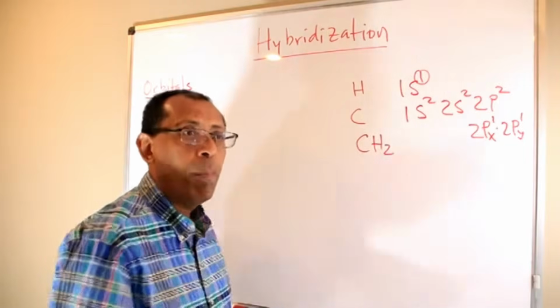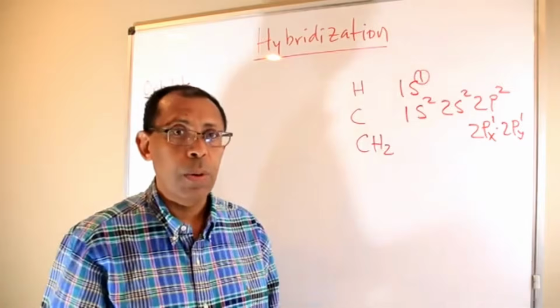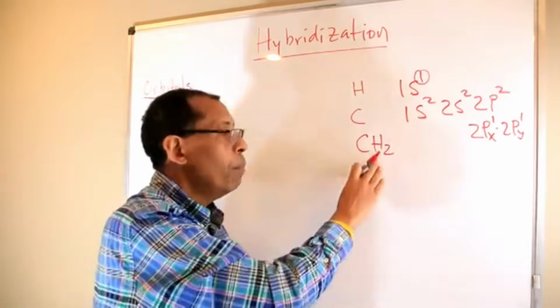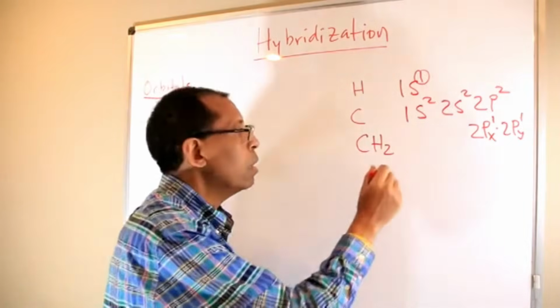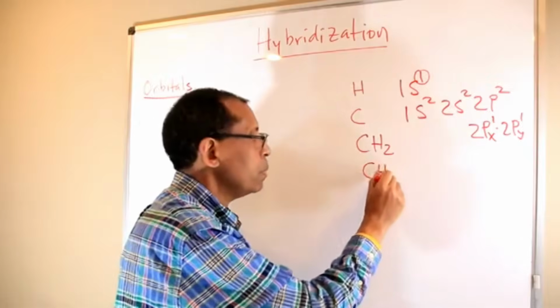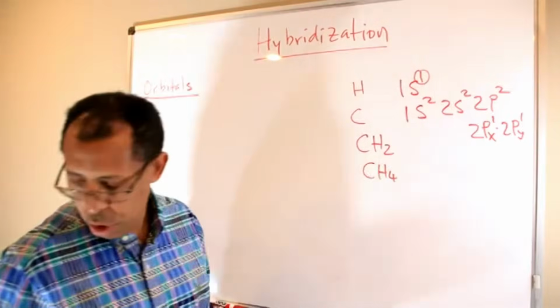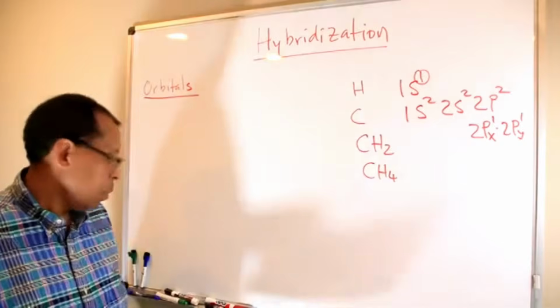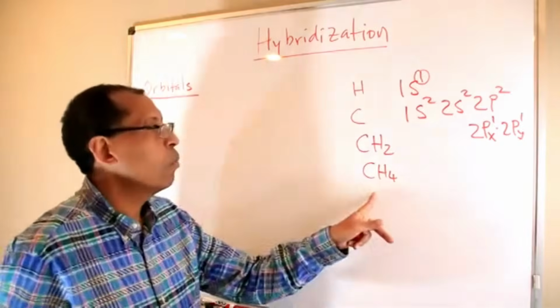The compound that we know as a stable organic compound is methane, which is CH4, not CH2. So how do we make CH4?